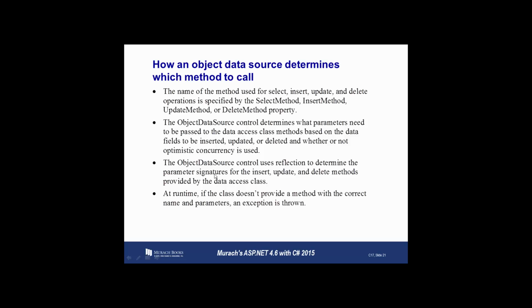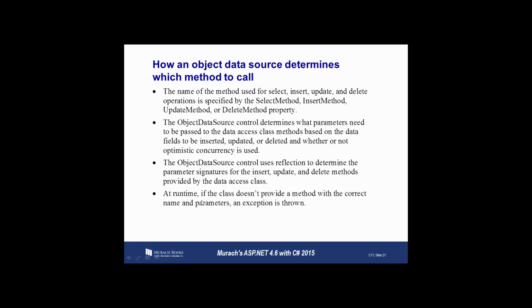In a condensed way, it's because of reflection that we can use the GUI on our object data source to determine what methods are available in our C# classes that we write. And so we've already used reflection in our last examples.